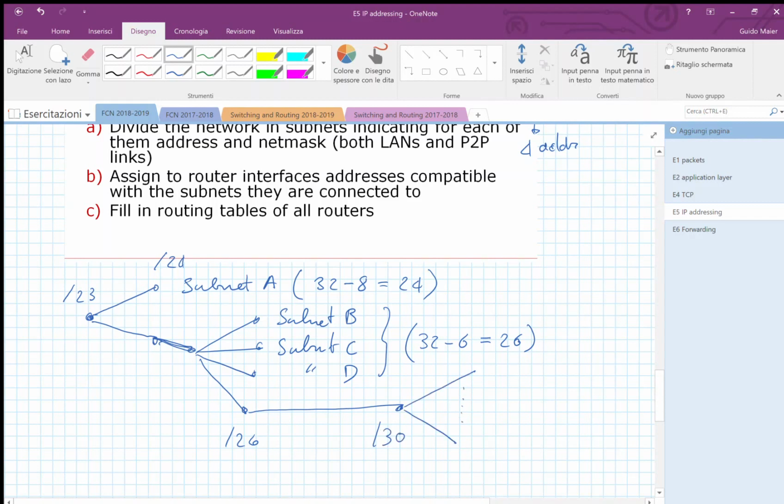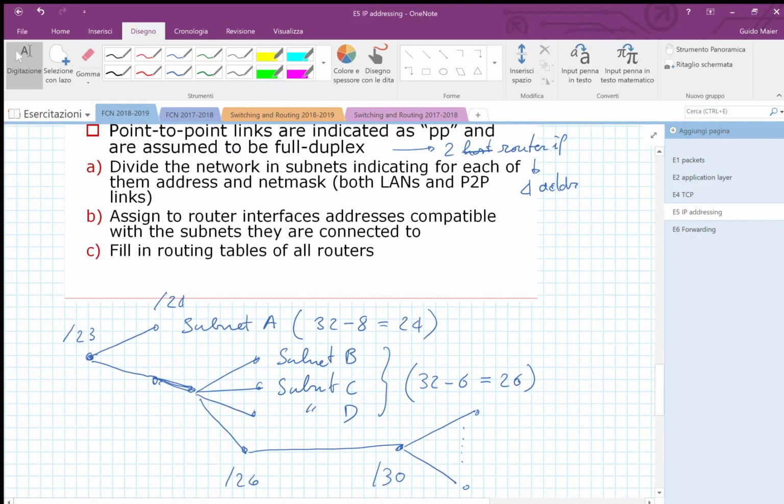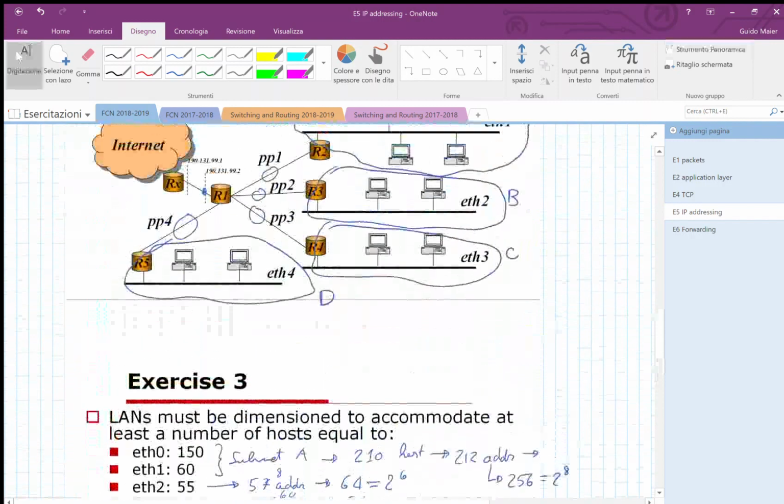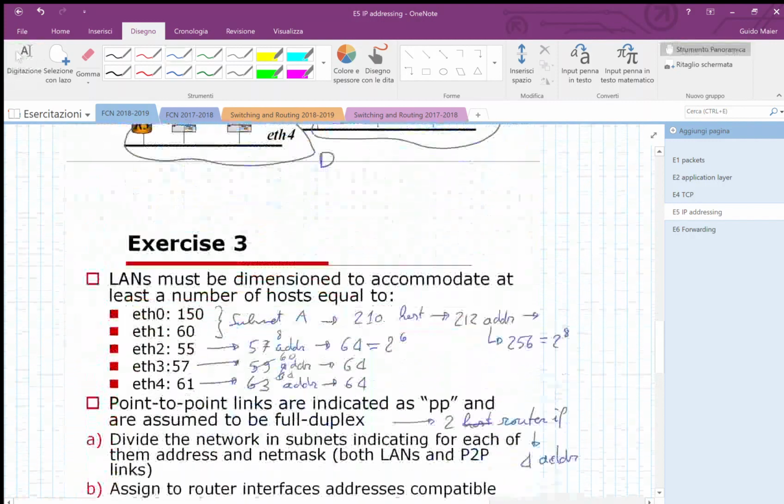If we go to /30, we create subnets that are correct, that are matching the requirements of the point-to-point links. We have just 4 point-to-point links. One, two, three, 4.